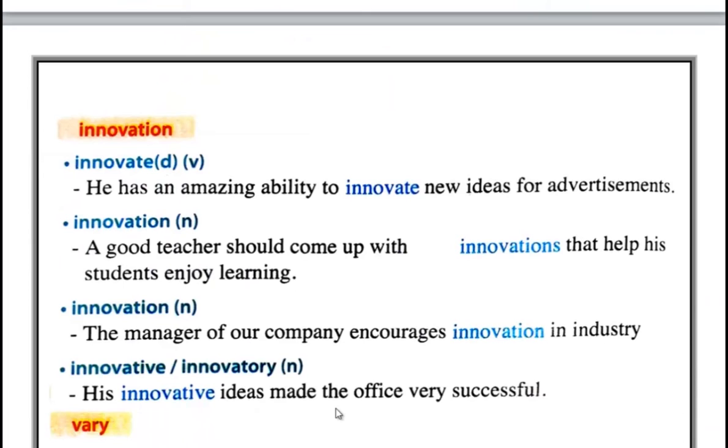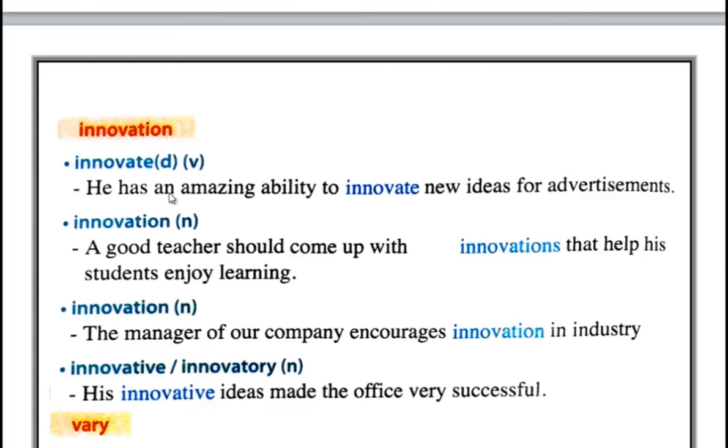Okay, now we have innovation. As for the word innovation, something creative, something new is the meaning of innovation. This innovation is an uncountable word.